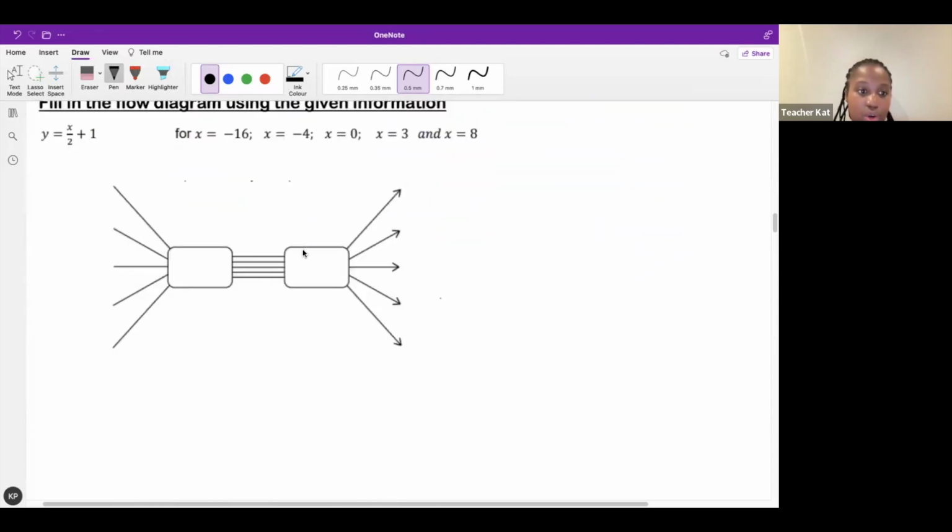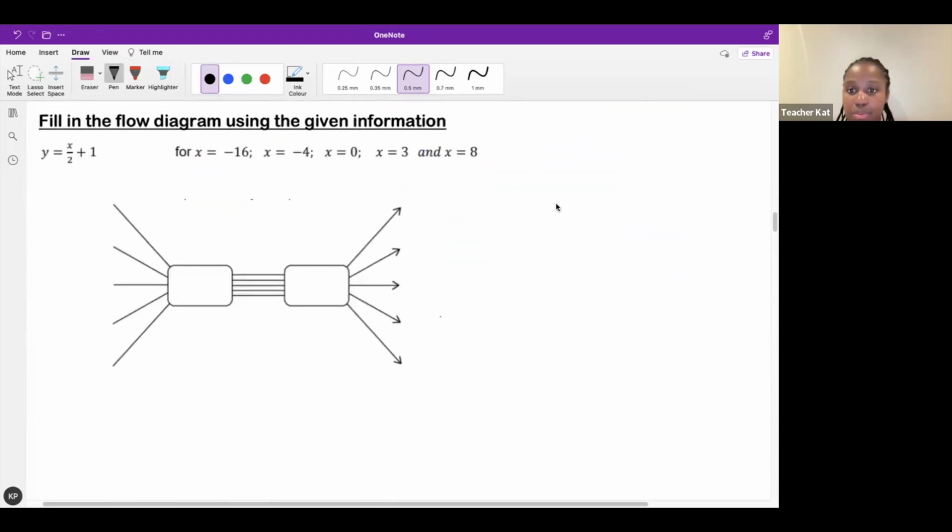Okay, now let's go through different types of representations. After all, that's what we're doing today, right? Now, I have a formula. They've given me a formula, and they've given me my x values. Are x the input or the output values? They are my input. So are they going on the left or the right of this flow diagram?